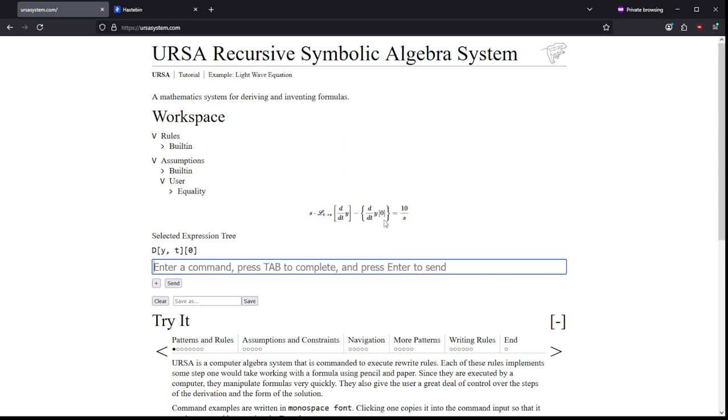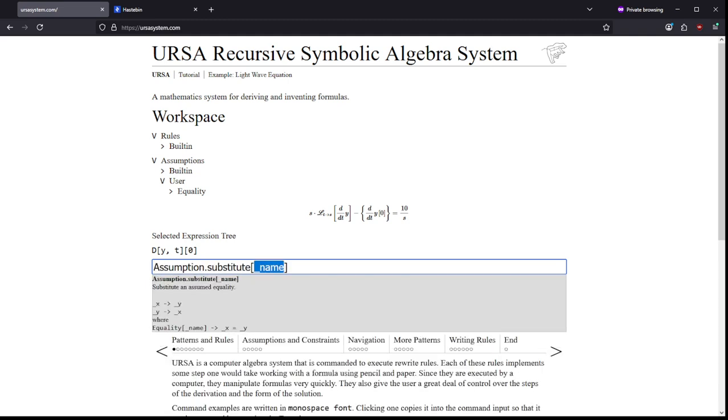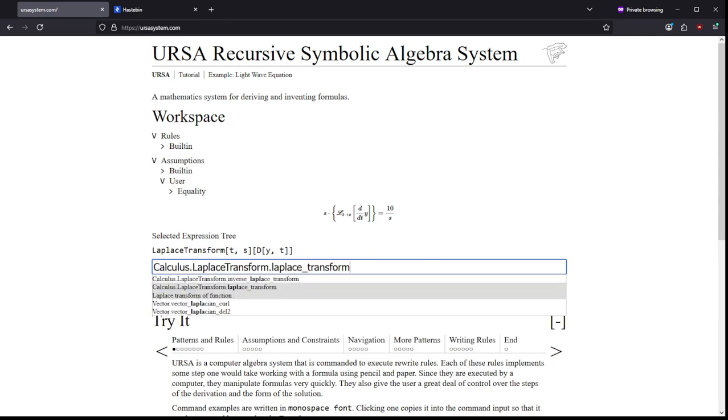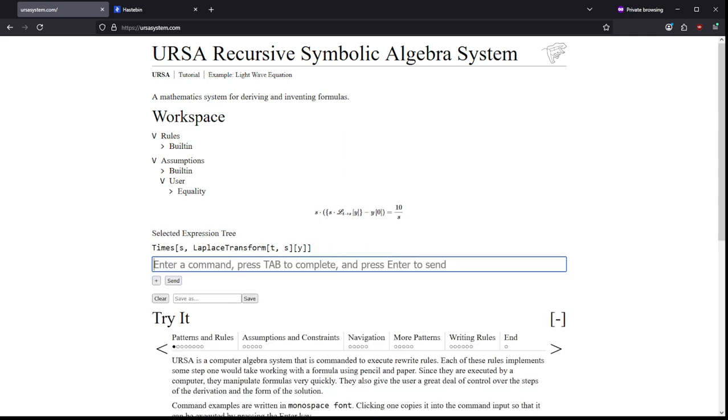This quantity right here is one of our initial conditions, so I can say substitute dy0 because that's the name of the condition that it is. And then I can simplify this to get rid of the 0. Then go in here and take the Laplace transform again. And then this is our other initial condition, which we can get rid of.